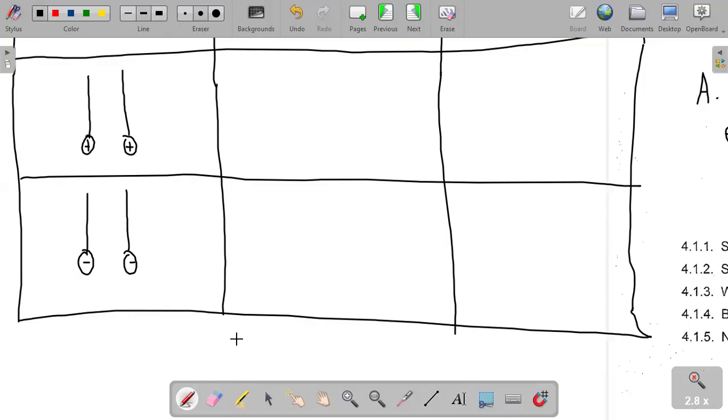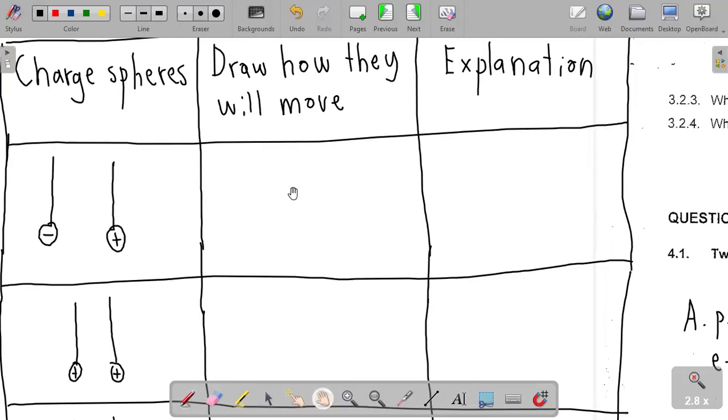Here we have to draw how they will move. What will happen here is they will attract each other, so they will move towards one another. The negative will be here and the positive there.